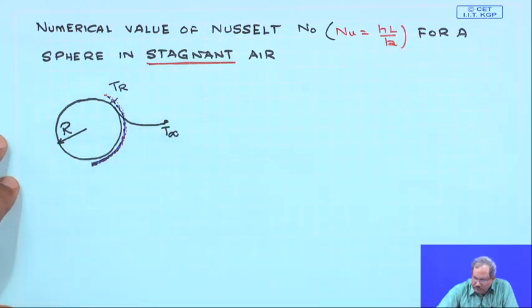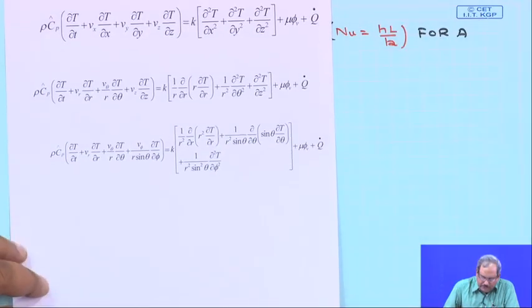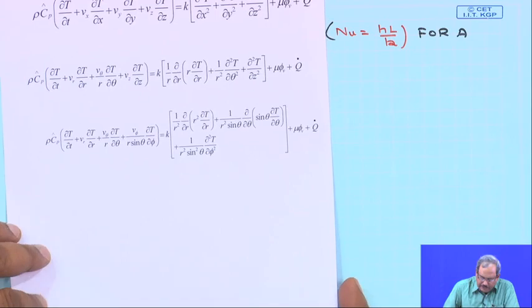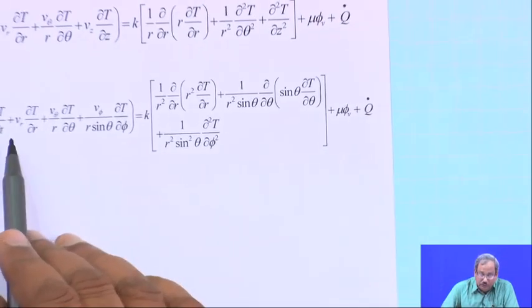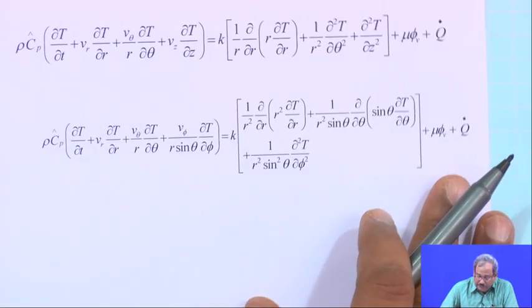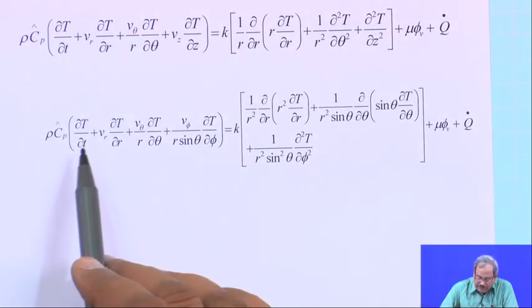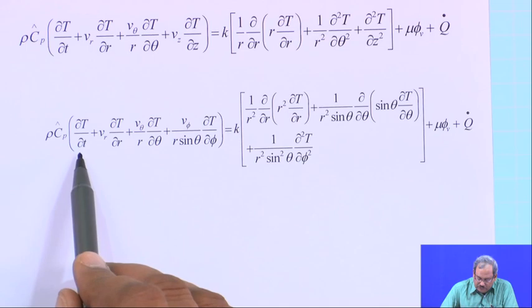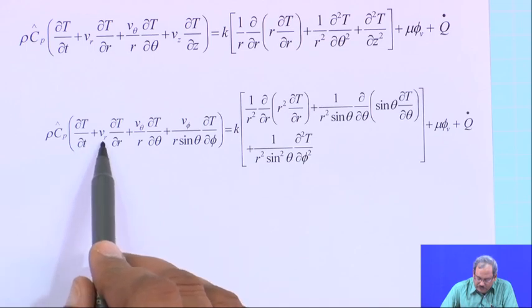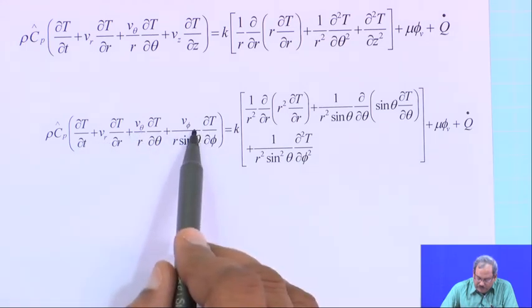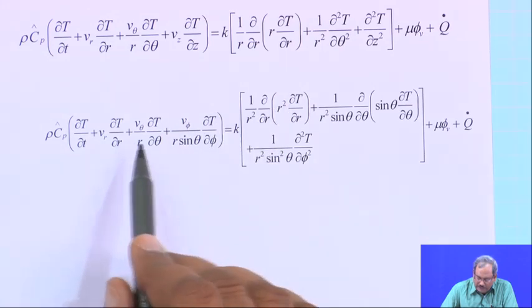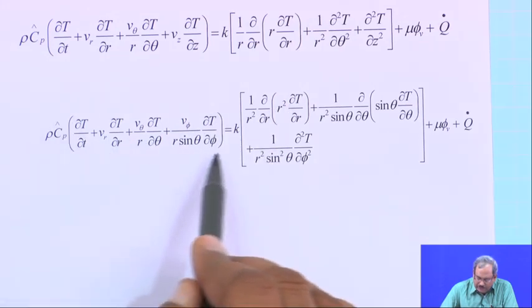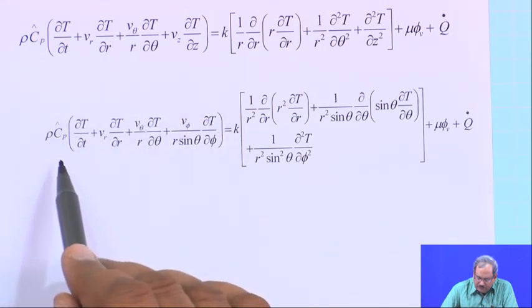So, if you look over here at the energy equation, there is no imposed velocity, and it is a steady state case. So, the first term would be 0, V_r, V theta and V phi all are 0 since it is stagnant air. So, therefore, the entire left hand side of this equation would be 0.